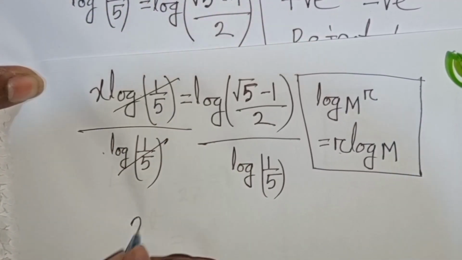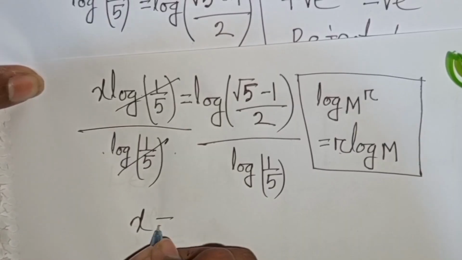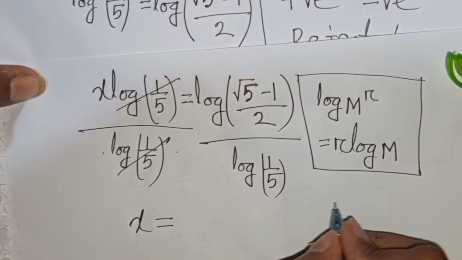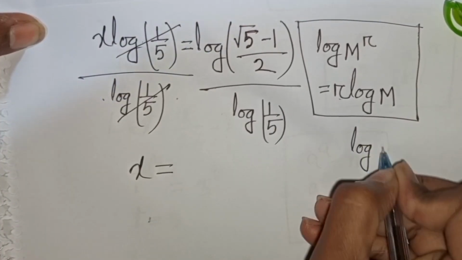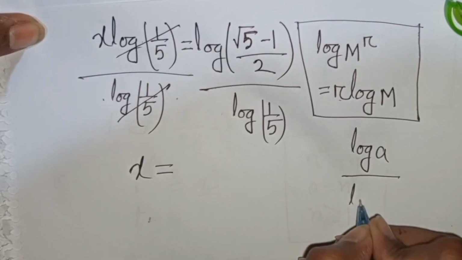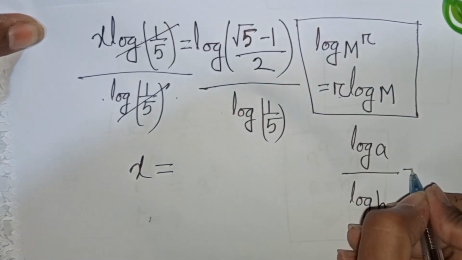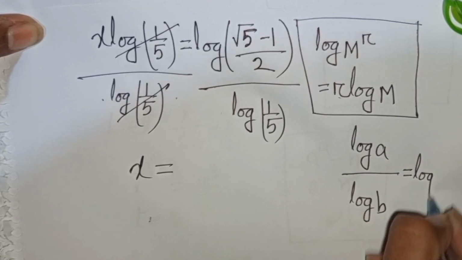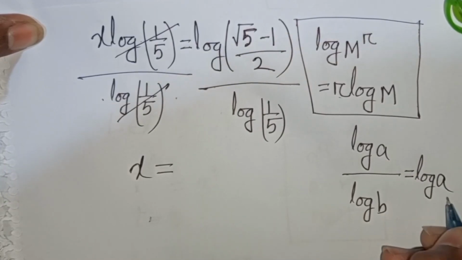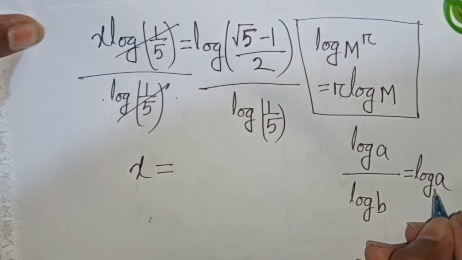So here x will be equal to, here we can apply this formula: log a divided by log b is equal to log a base b.